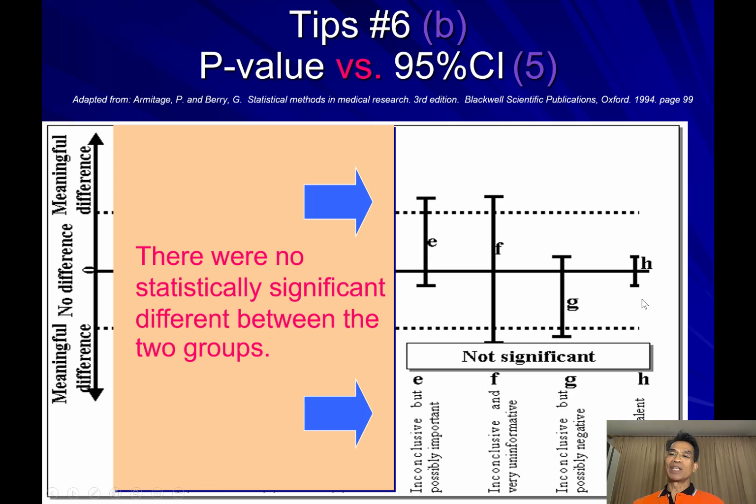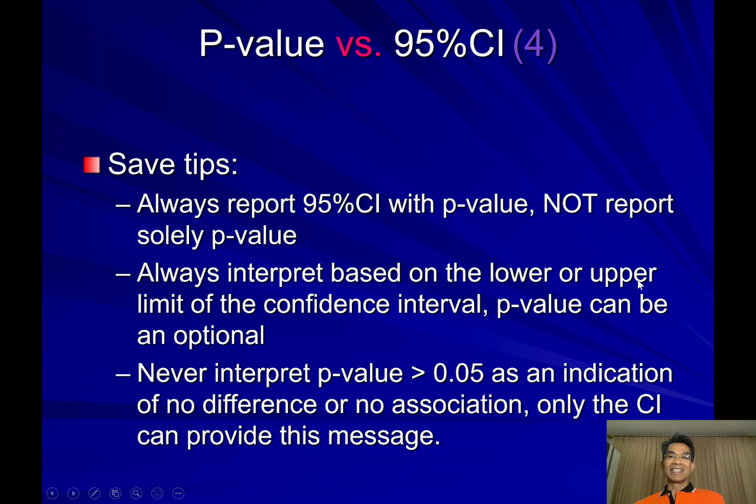Only in that situation can we interpret no difference, no association, or equal. Not the p-value, but the magnitude. Okay, so we look at the p-value and the confidence interval simultaneously.